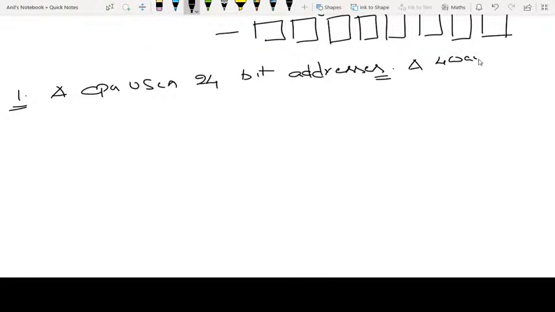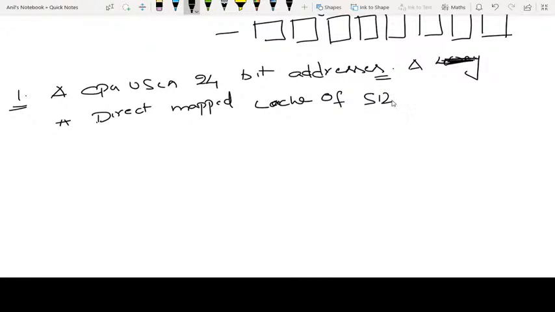In order to reduce the complexity, I will say a direct mapped cache of size 4K is used in the system.